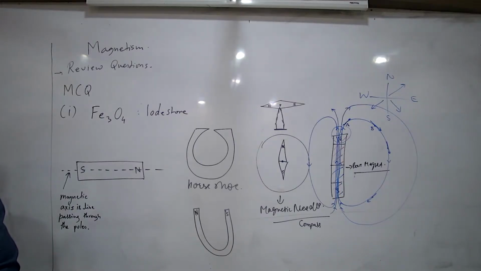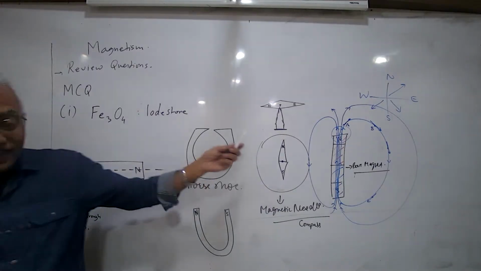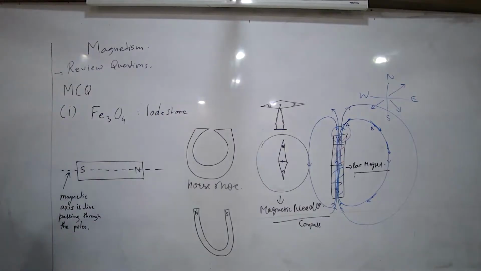What conference is going on, Dhruv? What are you discussing? He's saying at the North Pole and the South Pole are iron deposits. It is inside the earth, passing through the center of the earth.